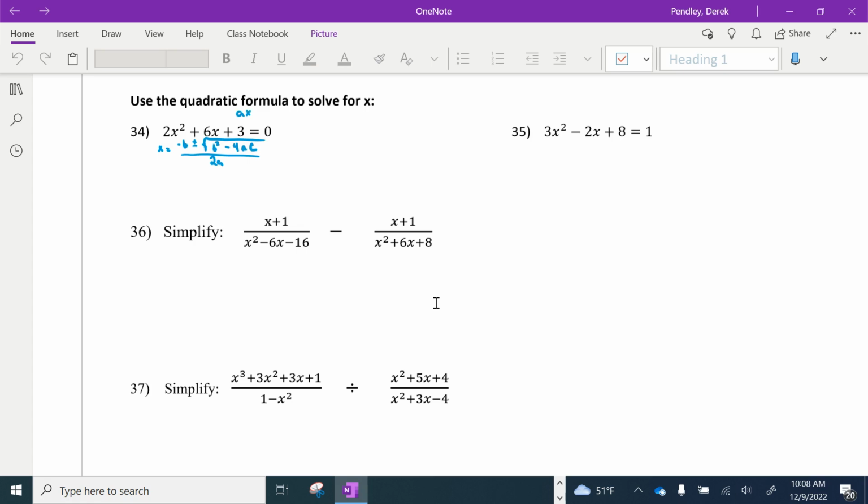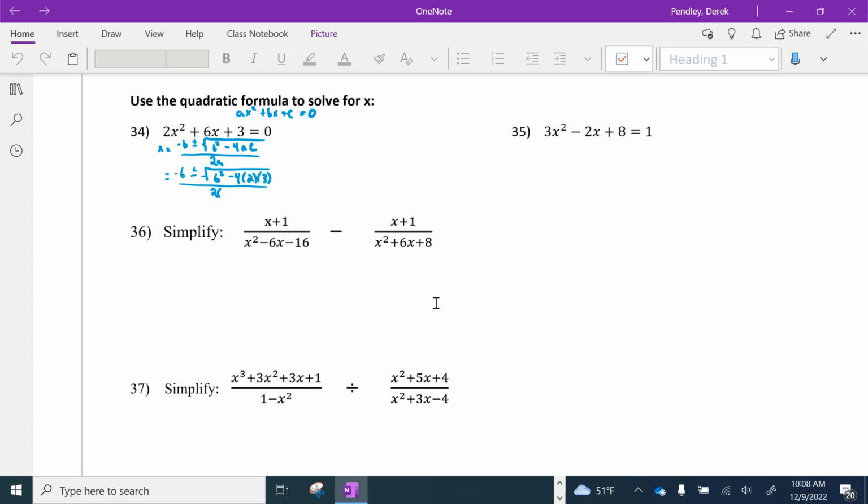That's what it states in the formula, so you have to have it equal to 0 in order to use this. So if b is 6, then negative b is negative 6, plus or minus the square root of 6 squared minus 4 times a, which is 2, times c, which is 3, all divided by 2 times a, which is 2.